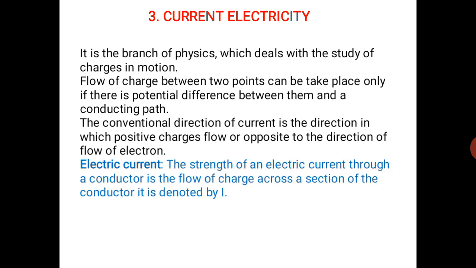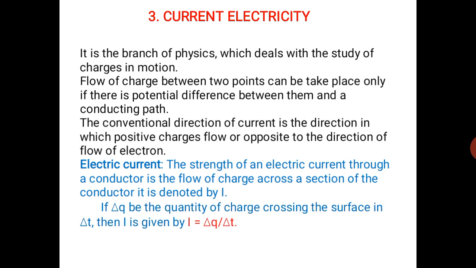The strength of an electric current through a conductor is the flow of charge across a section of the conductor, and it is denoted by the symbol I. So if delta Q is the quantity of charge crossing the surface in delta t time, then current I is given by I equals delta Q upon delta t, where delta Q is the flow of charge in a short time interval delta t.